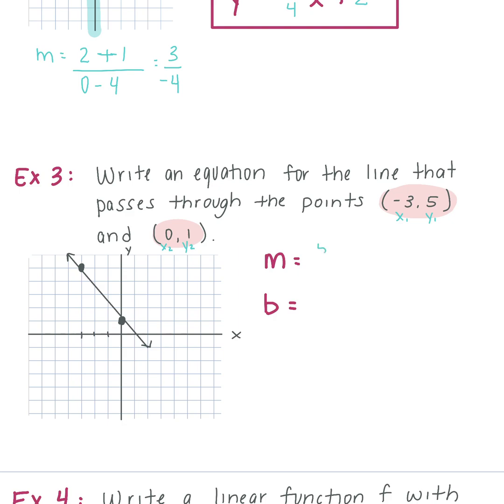So my slope is going to be 5 minus 1 over negative 3 minus 0. So then when I do 5 minus 1, I get 4 over negative 3 minus 0 is negative 3. So my slope here is negative 4 over 3.